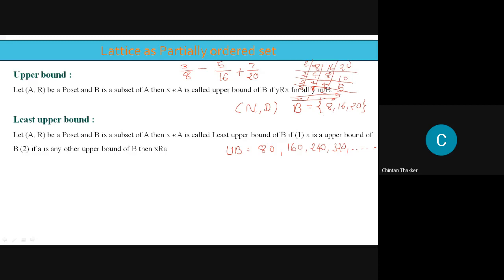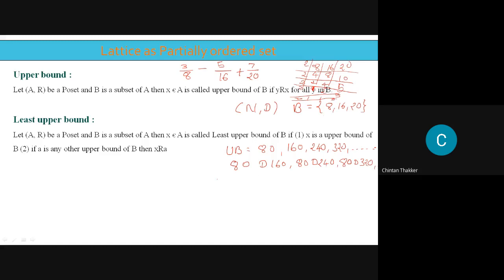So among all these upper bounds, 80 divides 160, 80 divides 240, 80 divides 320, and so on.